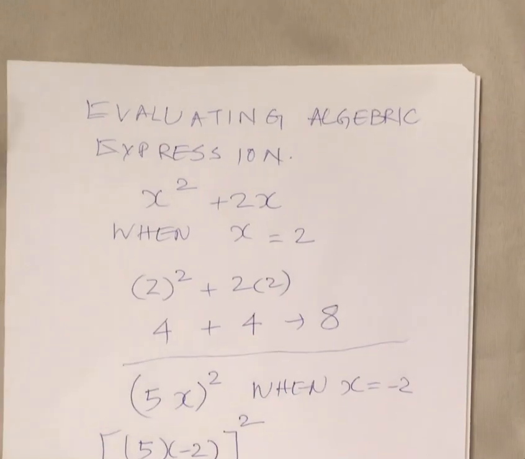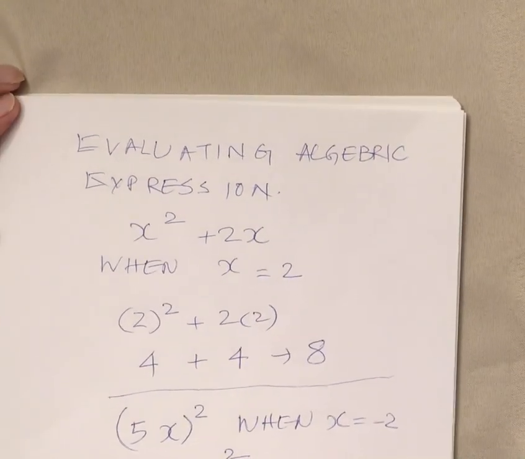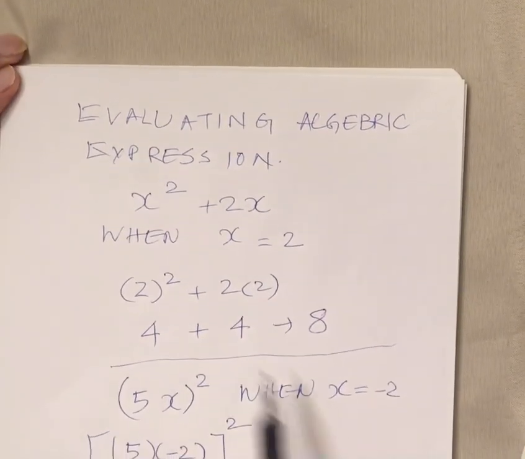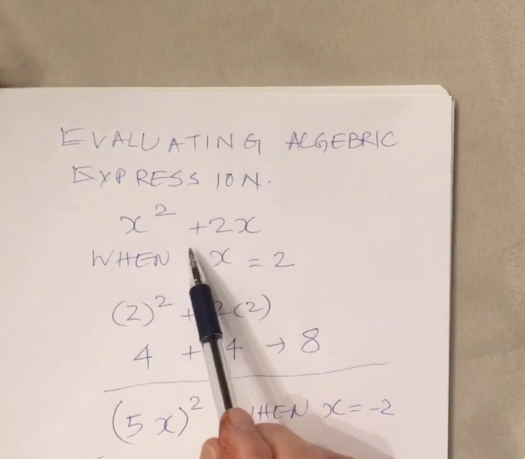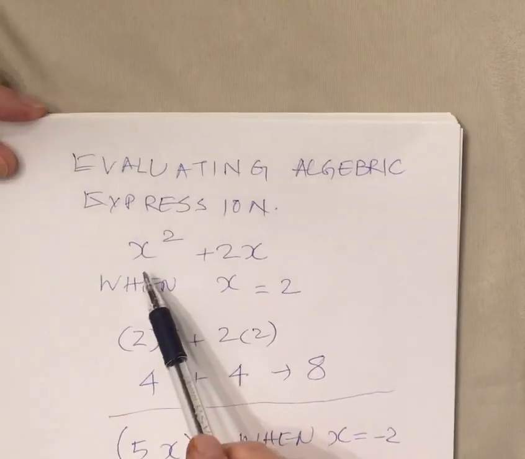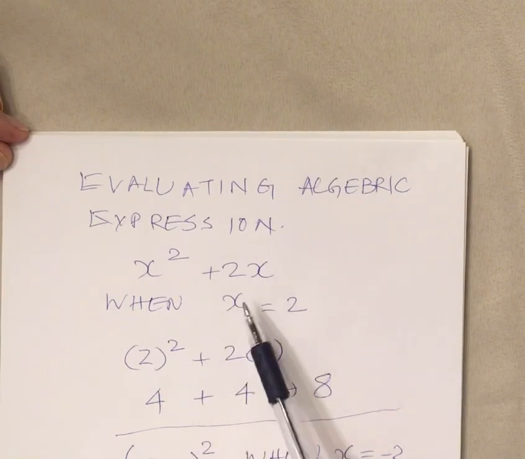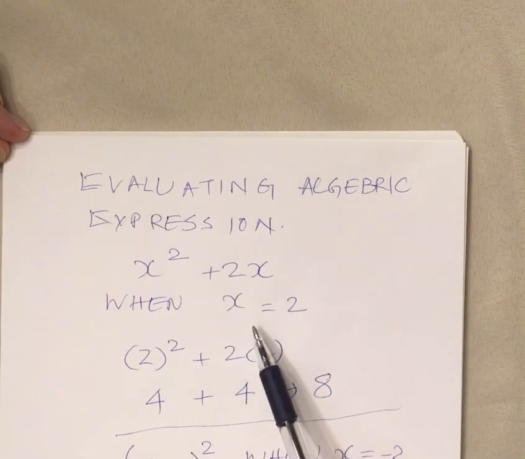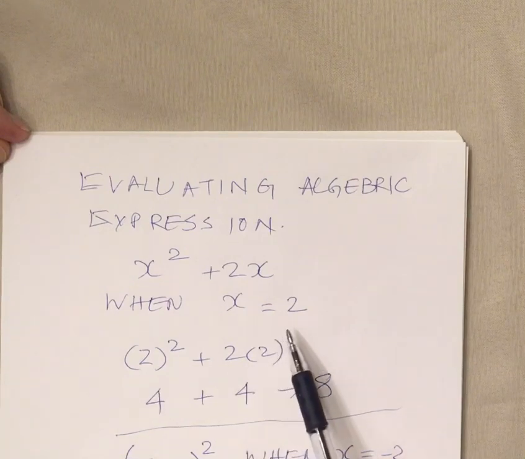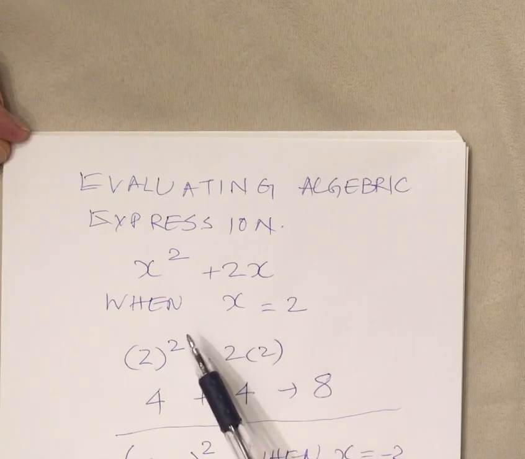Then we're moving on to how to evaluate algebraic expressions. In this example, I have x squared plus 2x. We have to evaluate this when x equals 2. So what we do here is plug in the value 2 for x.